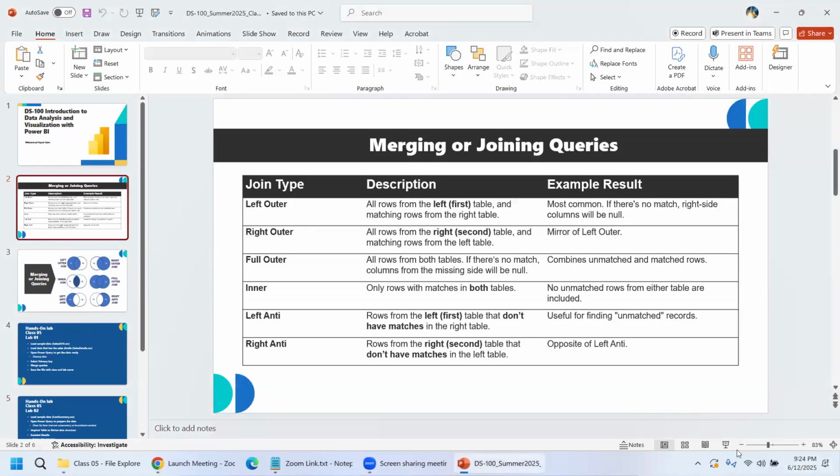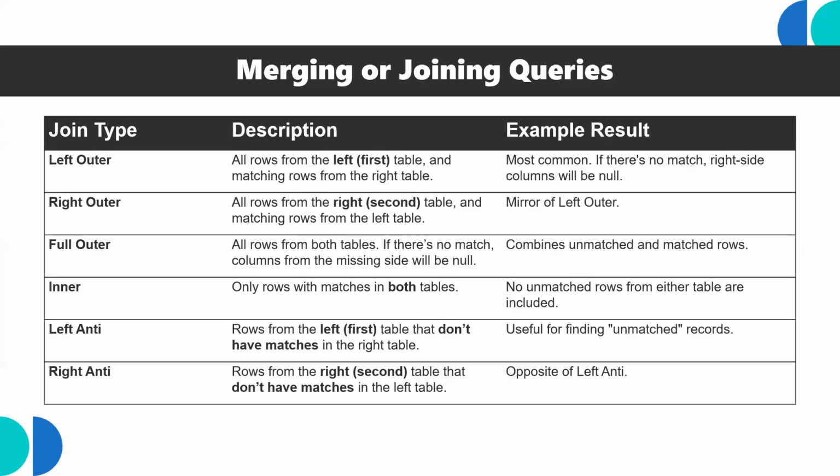So let's talk about these joins. Okay. So there are 6 types of joins that are available in Power BI. Okay, left outer join, right outer join, full outer join, inner join, left anti-join, and right anti-join.